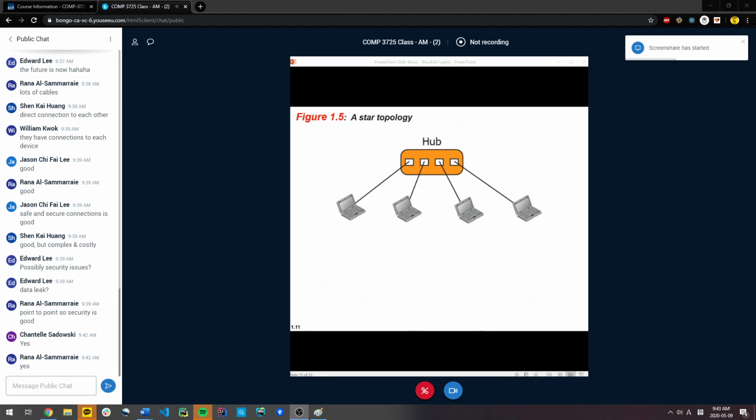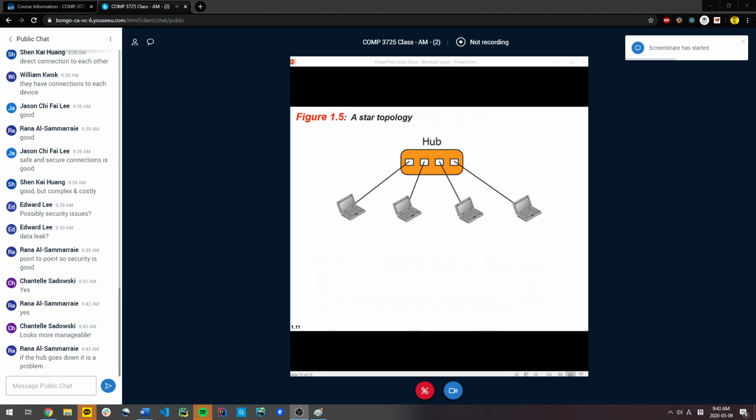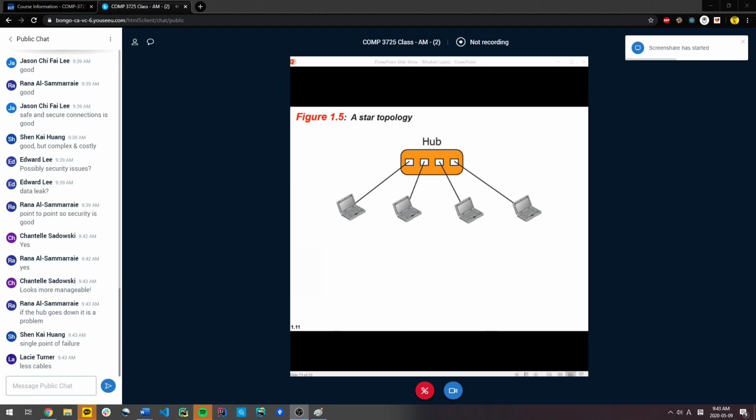What can you say about this? Looks more manageable, but why and how? You're absolutely right, but how? Less cables, exactly.